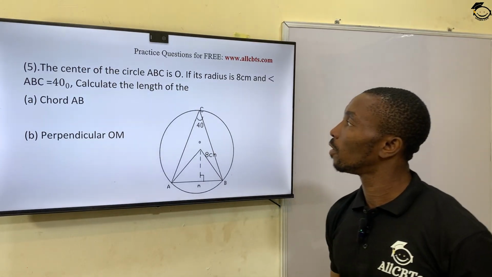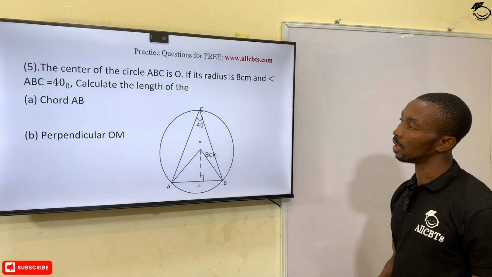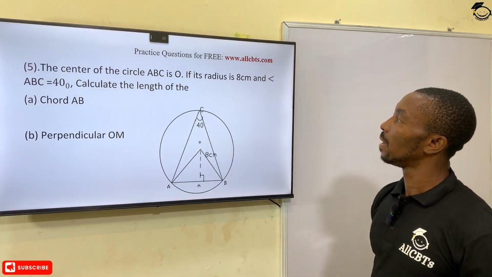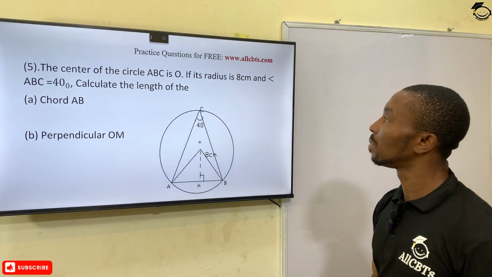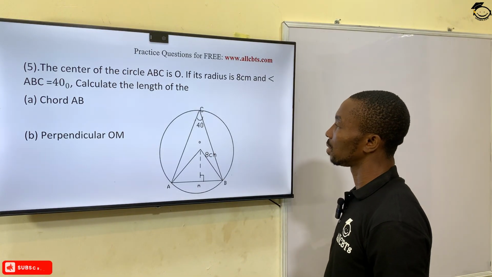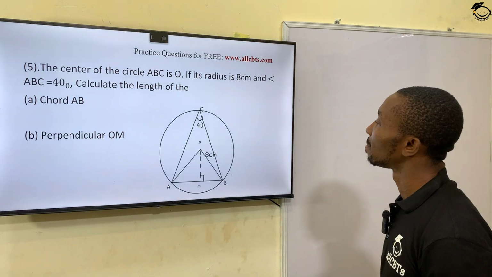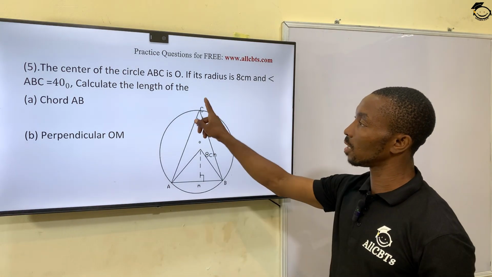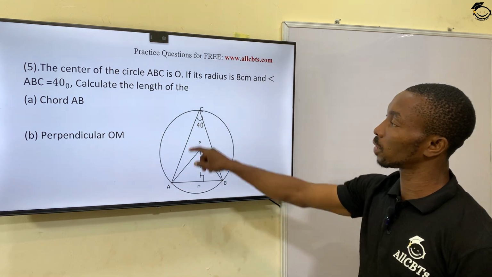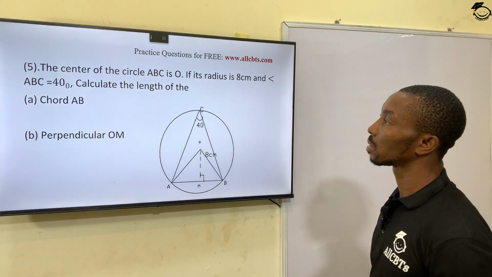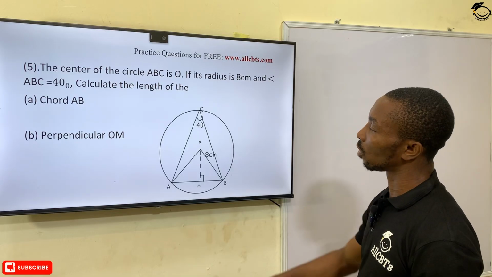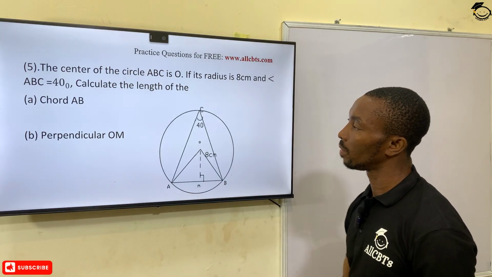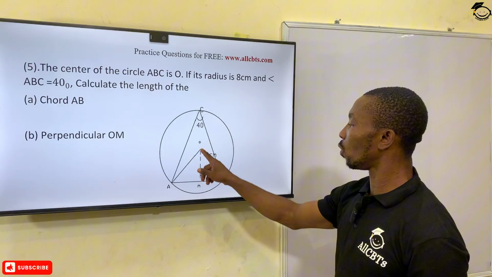The center of the circle ABC is O. If the radius is 8 cm and angle ACB is 40 degrees, calculate the length of chord AB and the perpendicular OM.